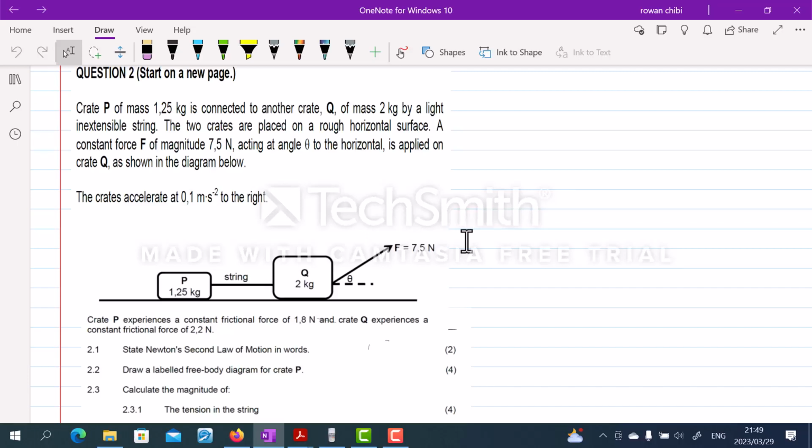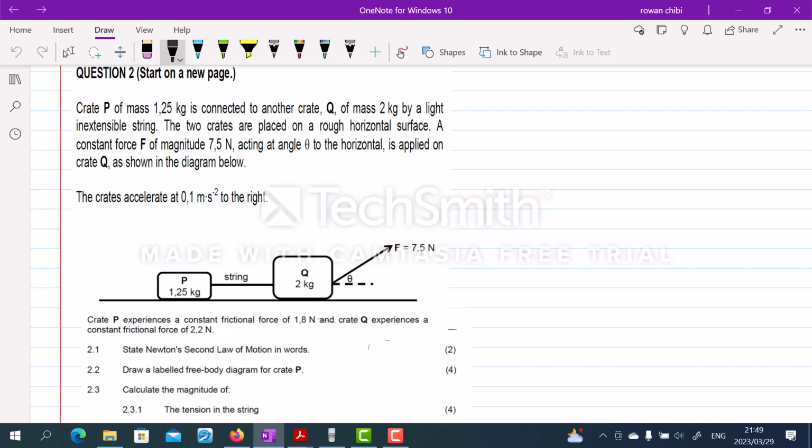A constant force F of magnitude 7.5 newtons acting at an angle theta to the horizontal is applied on crate Q as shown in the diagram below. The crates accelerate at 0.1 meter per second square to the right.